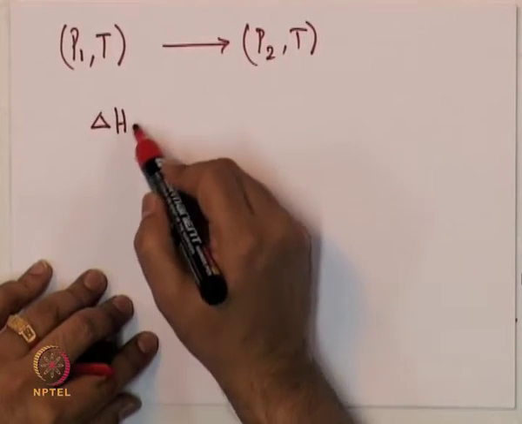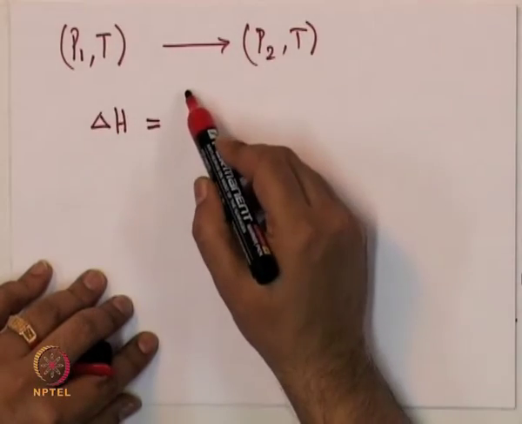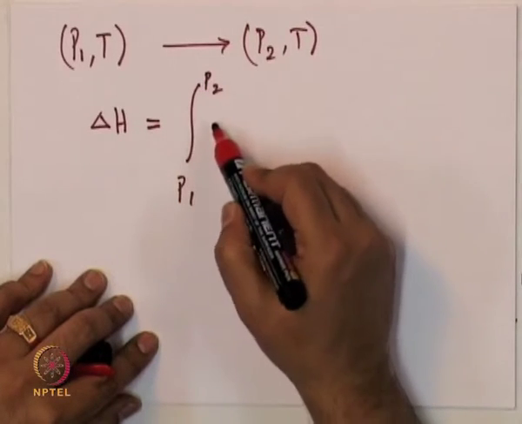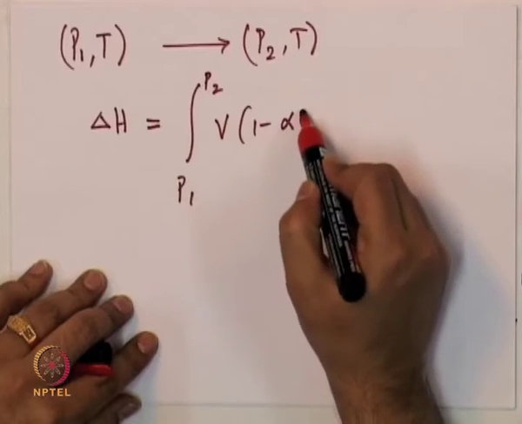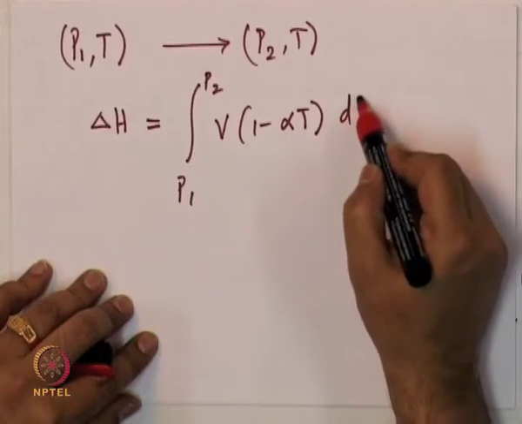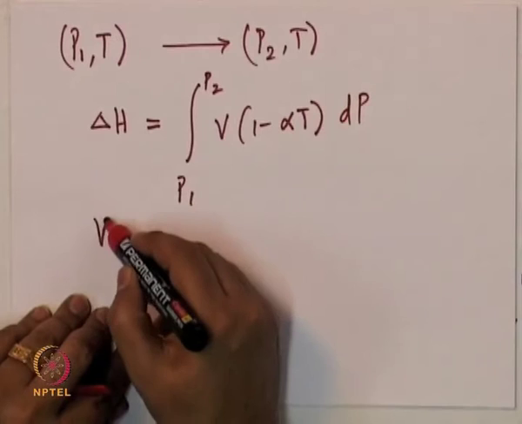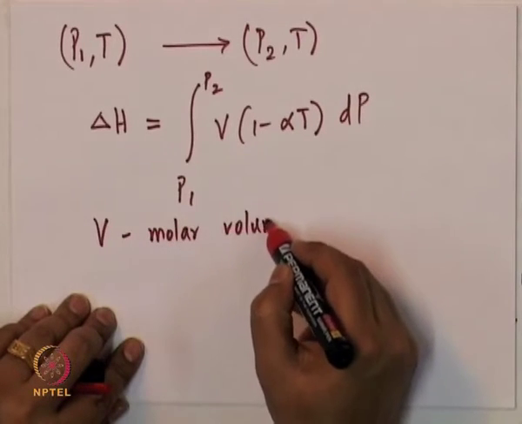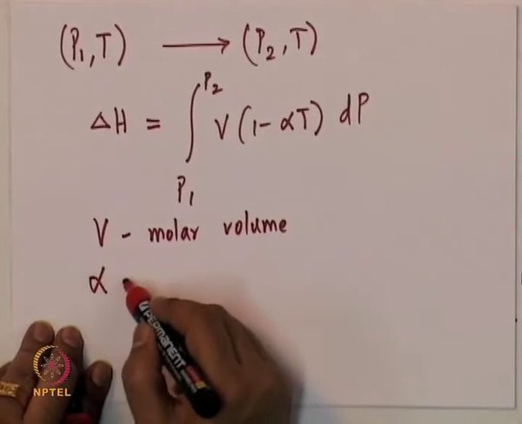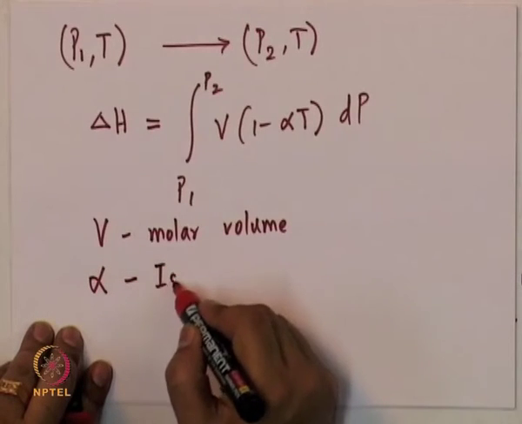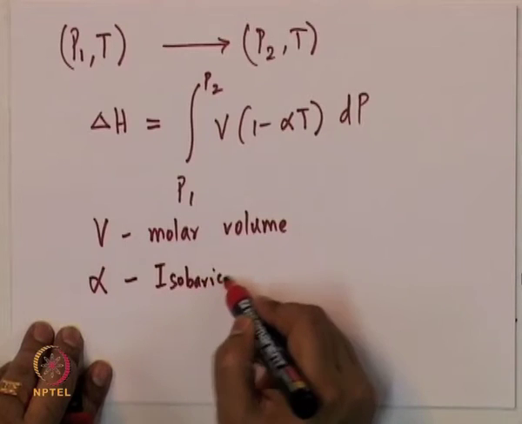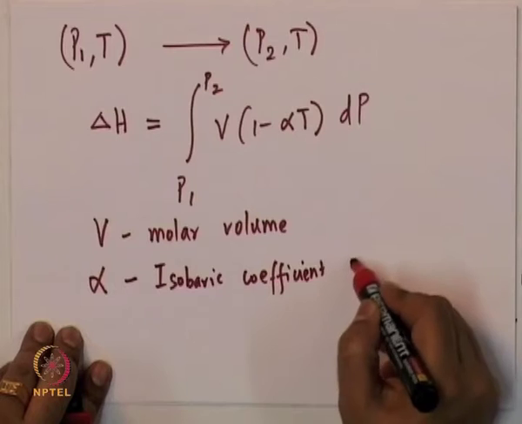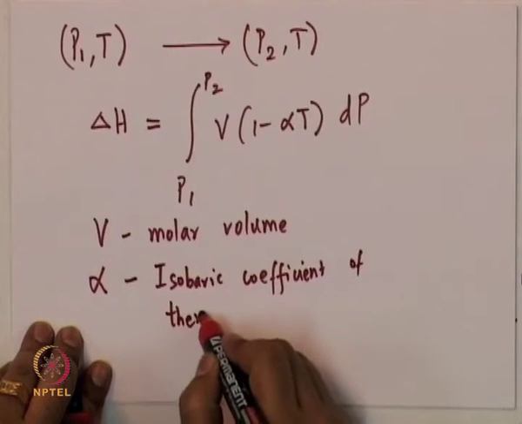Let me call that change delta H. It is an integral from P1 to P2 of V times (1 minus alpha T) dP, where V is the molar volume and alpha is the isobaric coefficient of thermal expansion.